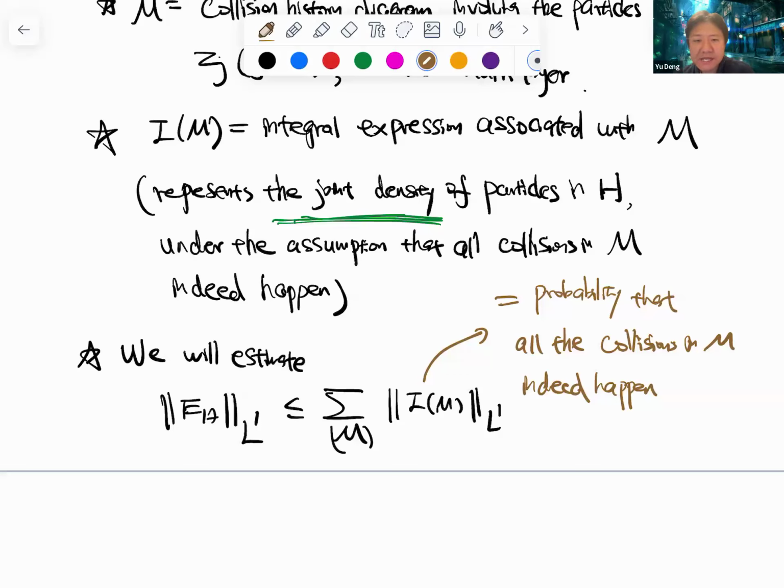Okay, so this is our setting from last time.